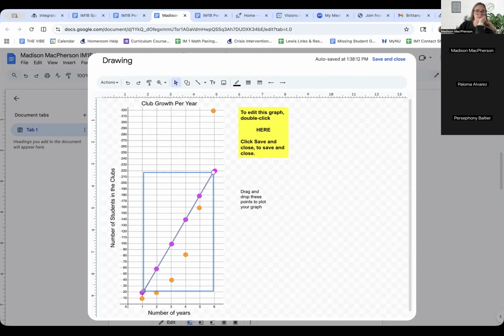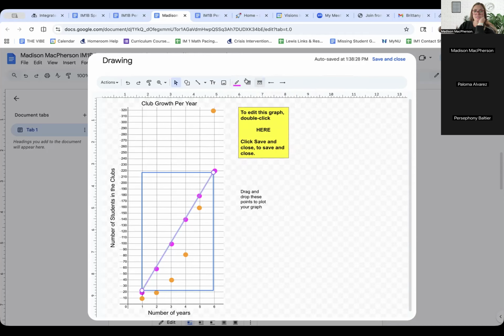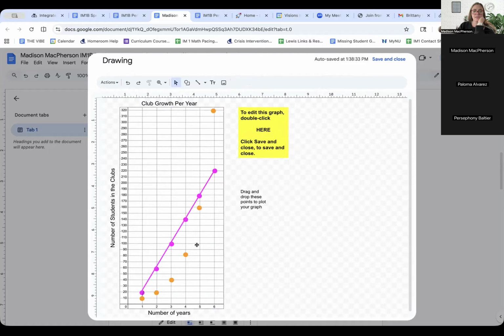So I started at that first point and went to the other one. Now, I want these to be pink. I want them to match. So I'm going to go to line color. I'm going to do that same color as the dots, and I'm going to make mine a little bit thicker by hitting 4px.